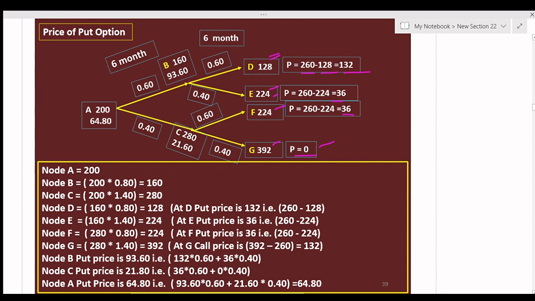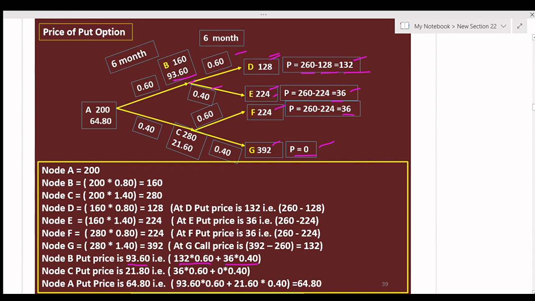Now you have to find out the put option value at B. It will be 132 into 0.60 plus 36 into 0.40, and you will get 93.60. You see here at node B, put price is 93.60, equal to 132 into 0.60 plus 36 into 0.40.